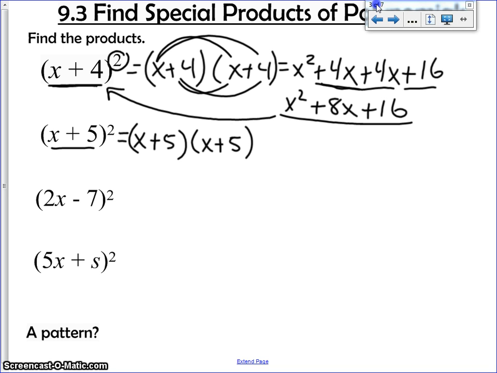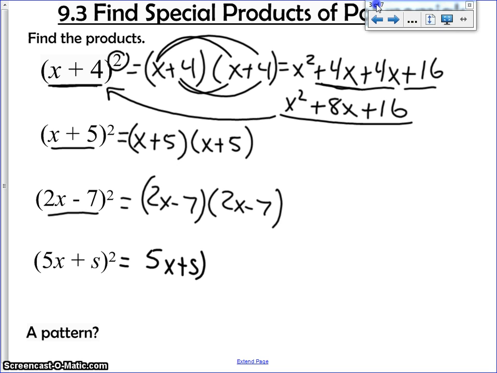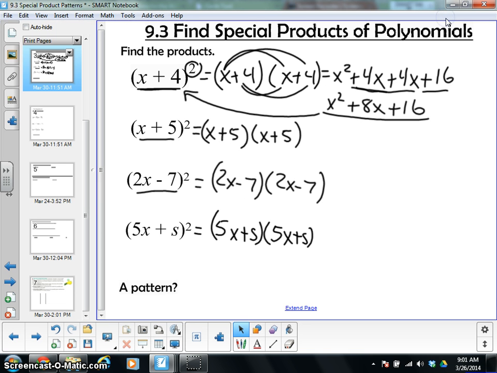Maybe you test the pattern and compare with what you get when you multiply it. Second one, 2x minus 7 squared means we have 2x minus 7 times 2x minus 7. The final one, 5x plus s squared, means 5x plus s times 5x plus s. Why don't you pause the video and try those out on your own and see if you can multiply those out and get the same value.